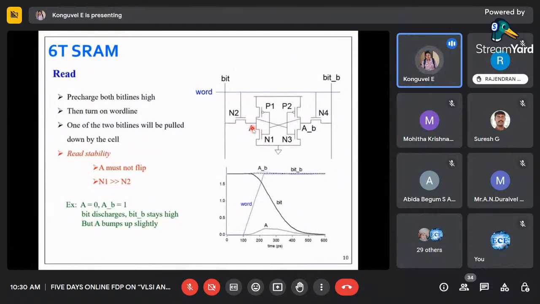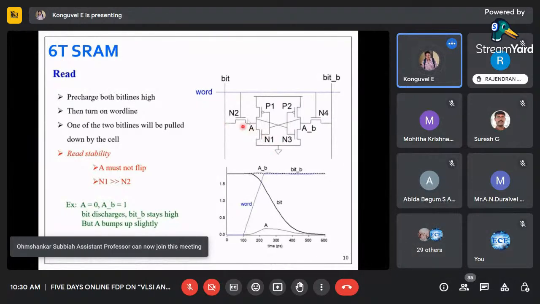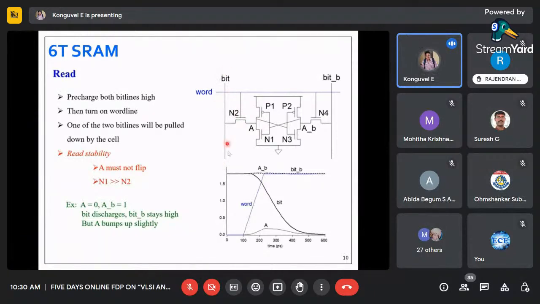If A is 0, A bar B is 1, and because it is cross coupled, N1 is turned on, so A is grounded. So what happens when N2 is on? Whatever static current or hanging voltage value is in the bit line will be completely pulled down to ground through N2, the A node and N1.